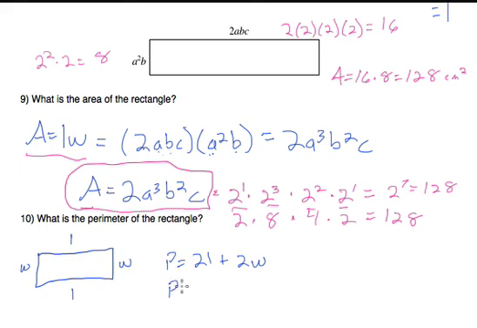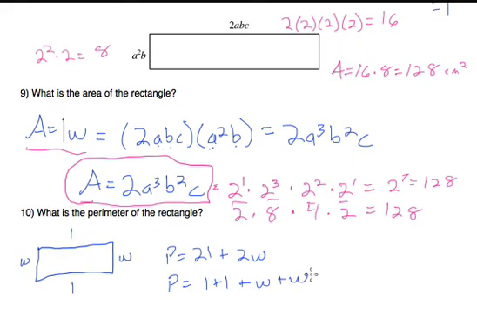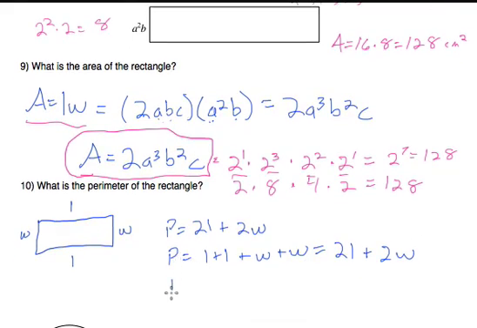Another way of thinking about this is where you're going to have L plus L plus W plus W, and you know that repeated addition is just multiplication, and then we get the same result. L plus L is 2L, and W plus W is 2W. And we can simplify this further by using the distributive property.